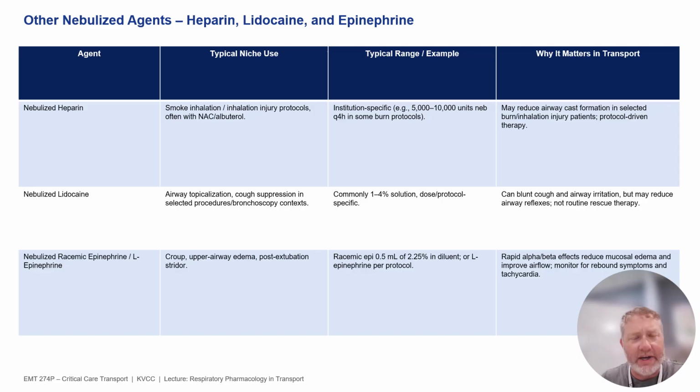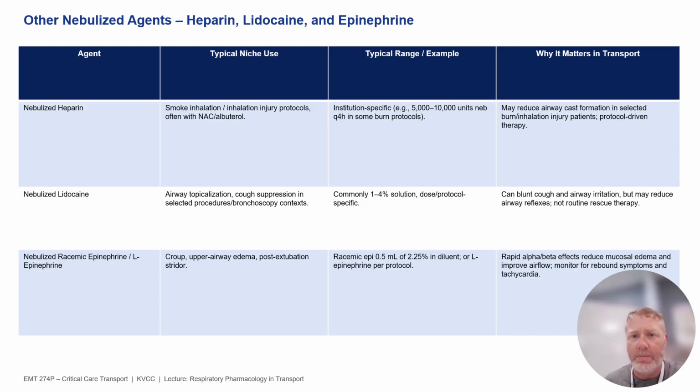In the last decade or so, there have been other nebulized agents that we're seeing more routinely. This slide covers the specialty nebulized agents that you should know about, even if you're not using them all the time. Nebulized heparin is a big one. It is most commonly seen in burn center protocols for inhalation injury.